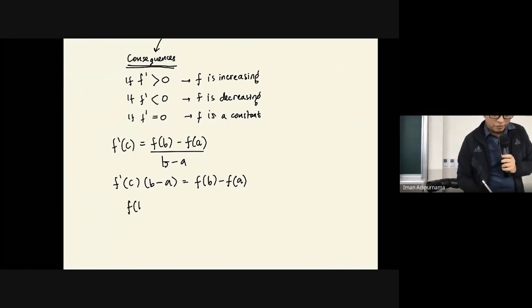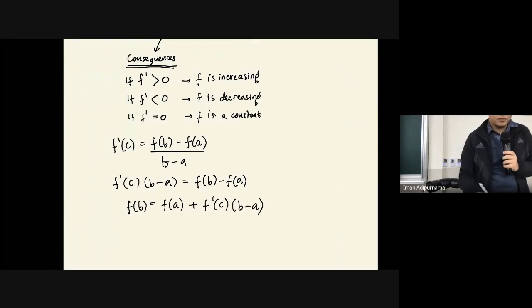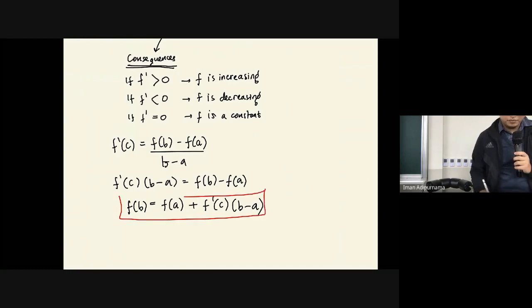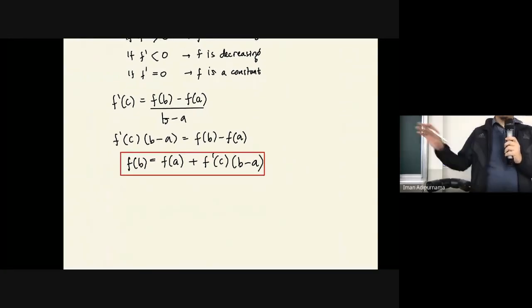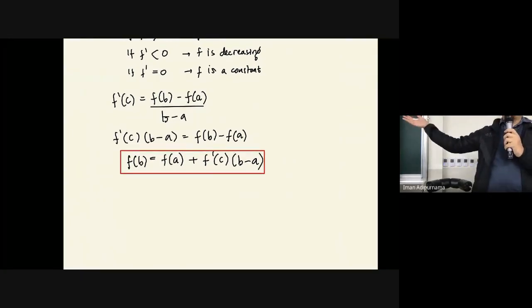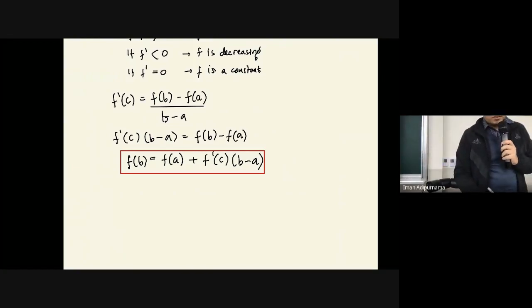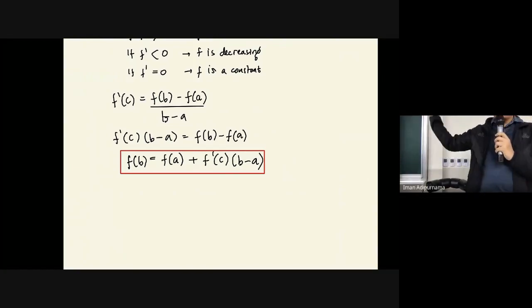So I can write f of b is f of a plus f prime c times b minus a. Notice that you see the similarity with our linear approximation before, right? There will be a difference, but I will tell you later.